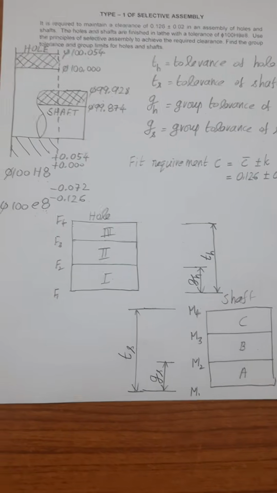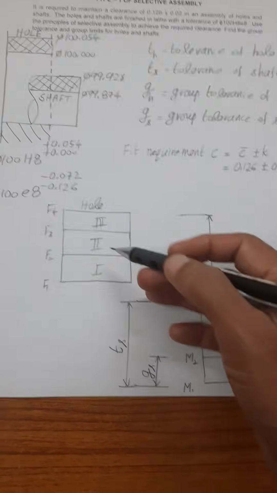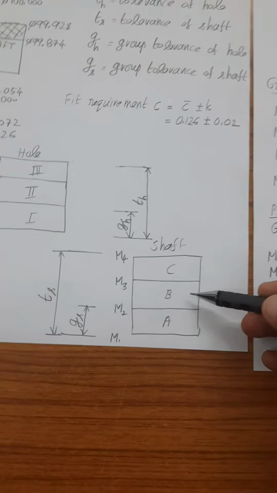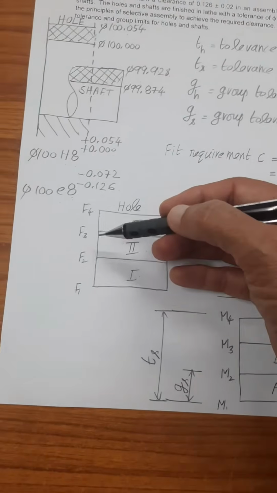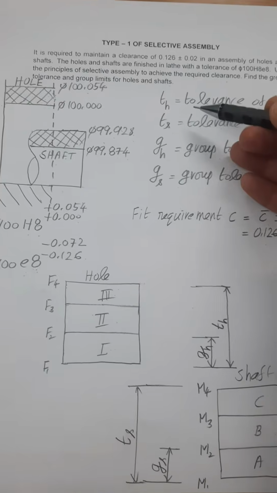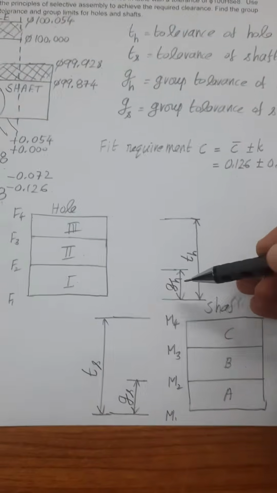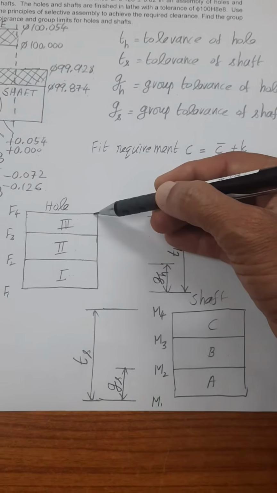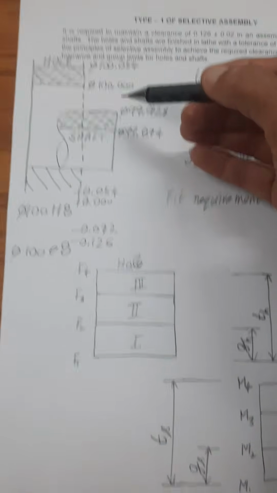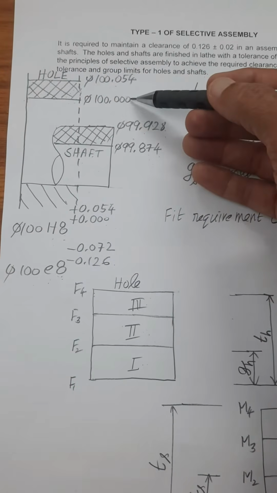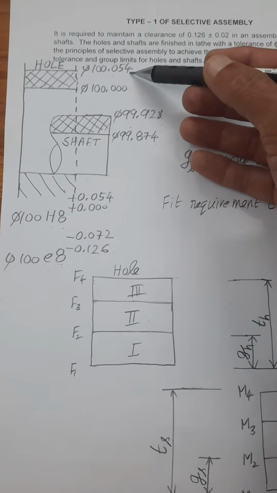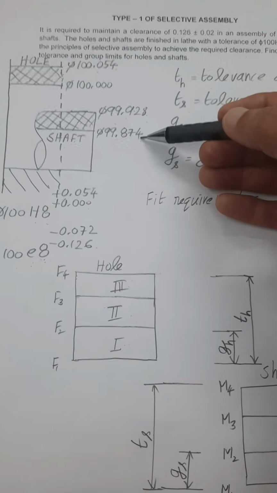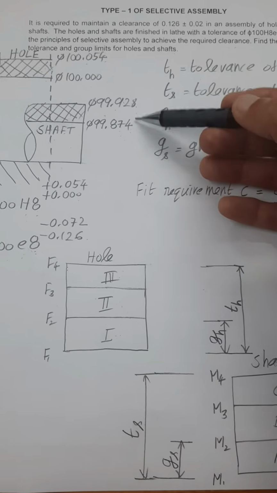Now let us see how to group the holes and how to group the shafts. As I already told, TH stands for tolerance of the hole. From here to here is the tolerance of the hole, which in our problem is 0.054. TH is equal to 0.054. Similarly, TS, the tolerance of the shaft, is also 0.054.